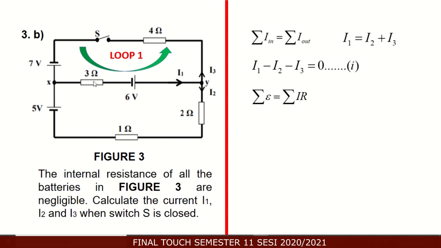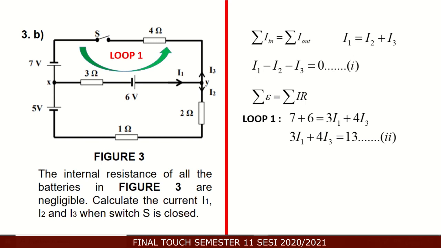We have 3 ohm and the current here is I1, positive. And here we have 4 ohm and the current across 4 ohm is I3, also positive. So substitute the value. You get 7 plus 6 equals 3I1 plus 4I3. So we rearrange this equation. This one is equation 2.